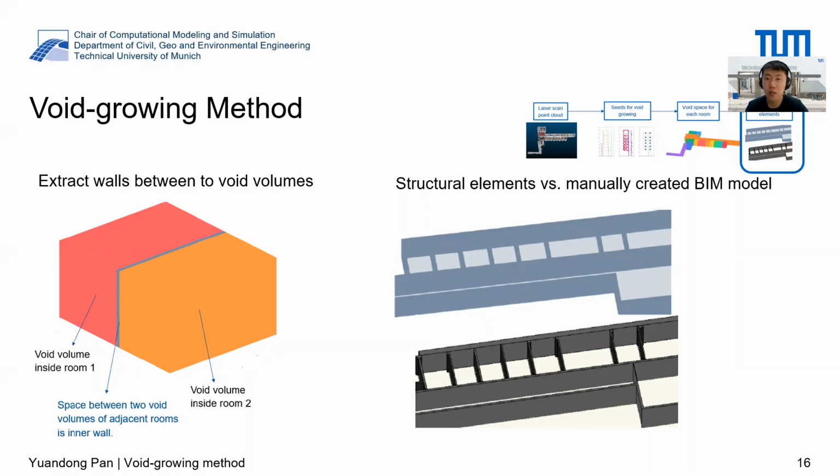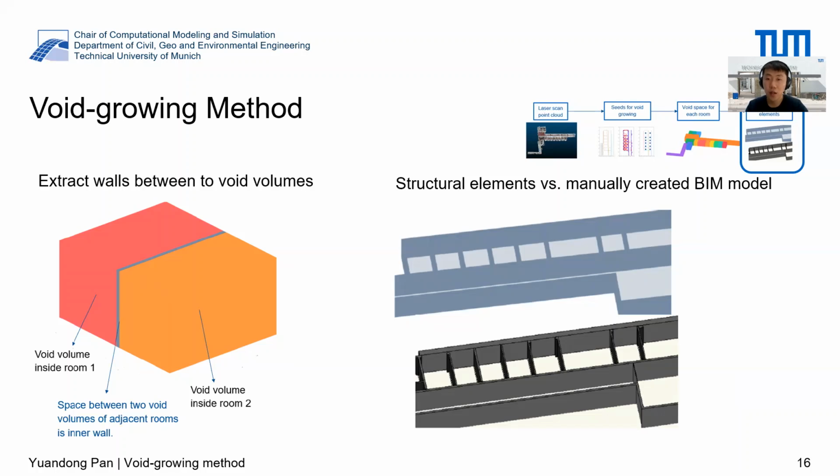For those elements, we use the surface where the void volume stops growing as the inner surface of these elements. Then we can just set some default thickness value to these elements.